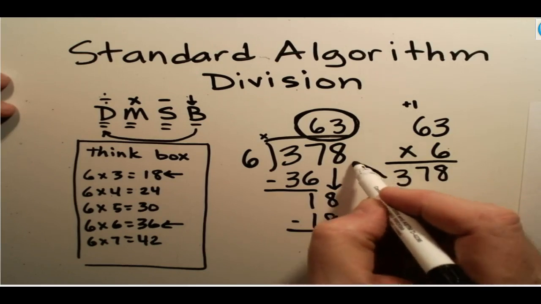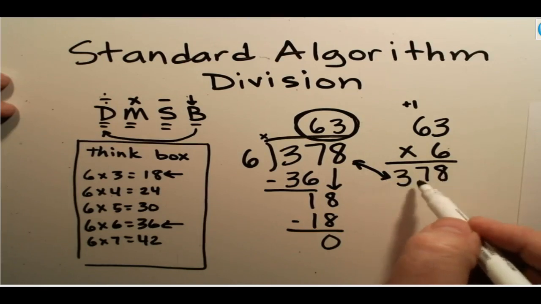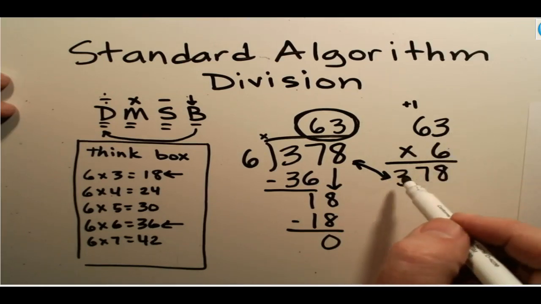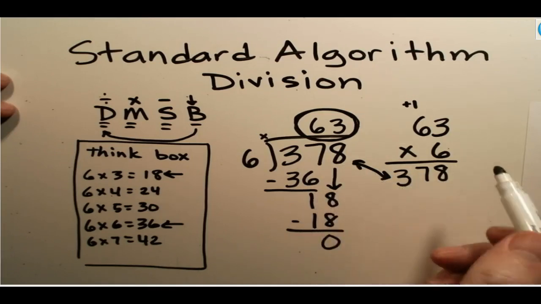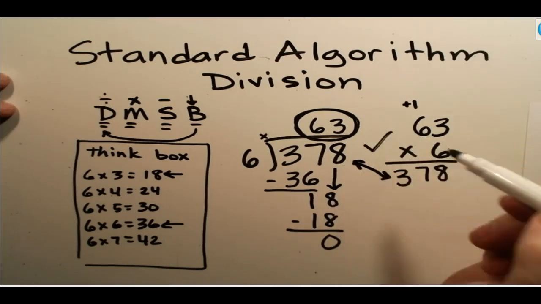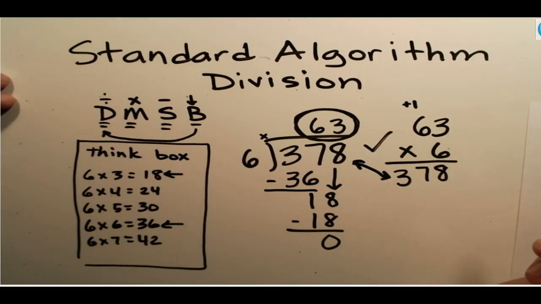Look, these two are equal. And as long as my product from my multiplication step and my dividend are equal, then it checks out. So I am correct on this one. My answer to 378 divided by 6 is 63.